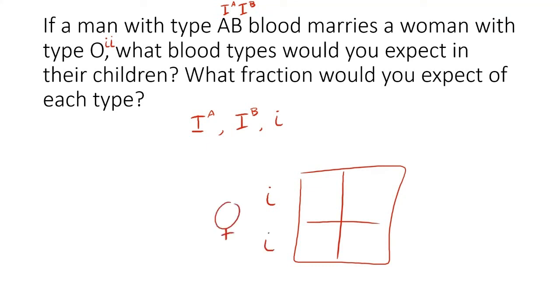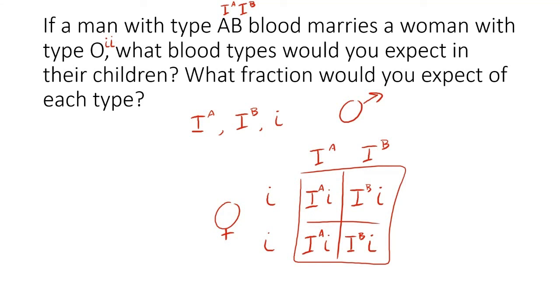This is the woman's alleles. This is the husband's alleles. And the mother has no choice but to give every single offspring one of her recessive alleles. 50% of the man's offspring will get a dominant capital I^A allele. 50% will get a capital I^B allele.